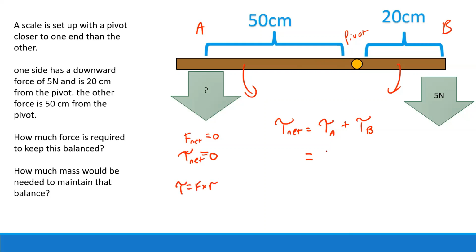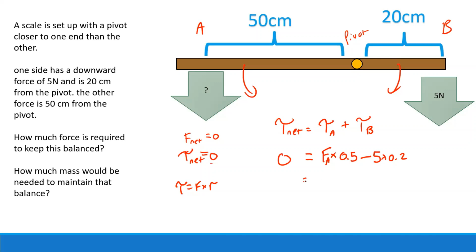So our force is just going to be F of A times our radius, which is in this case going to be 0.5 meters, plus our torque of B, which is in the opposite direction. So instead of adding it, I'm going to subtract 5 newtons times, in this case, 0.2. And we know that this net torque is going to be 0.